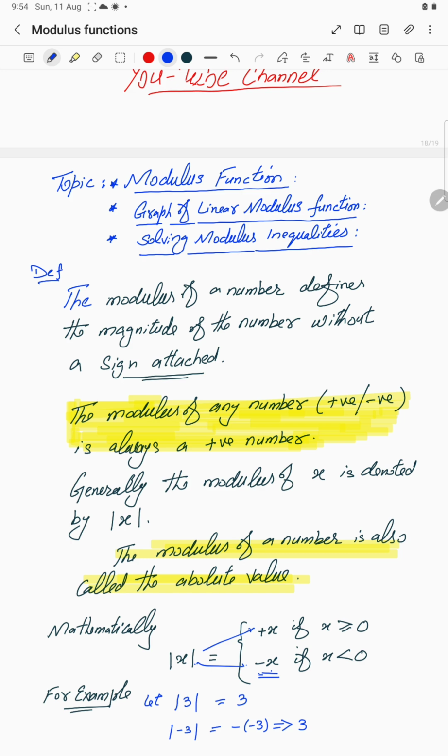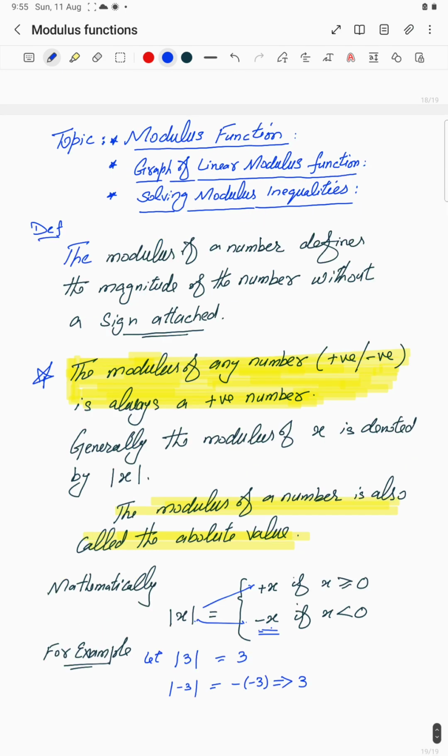So we can see the modulus of any number, no matter whether it's positive or negative, is always a positive number. That's the proof from here. I hope it is clear.